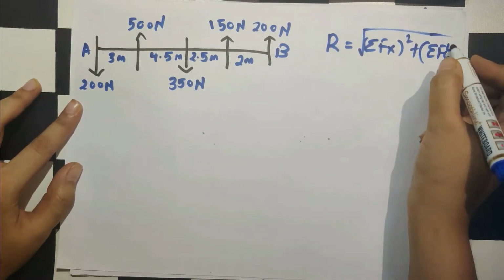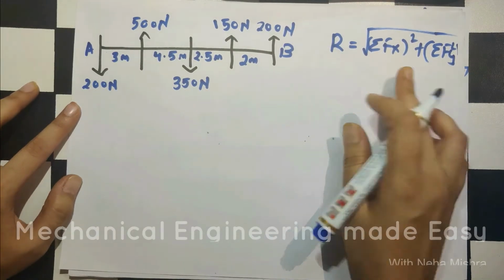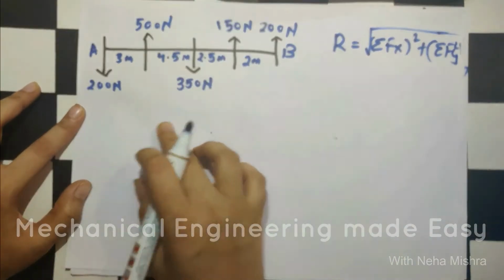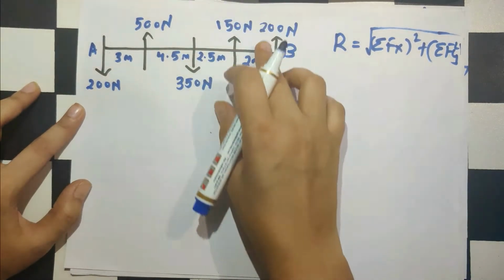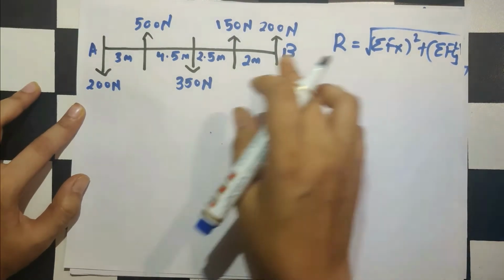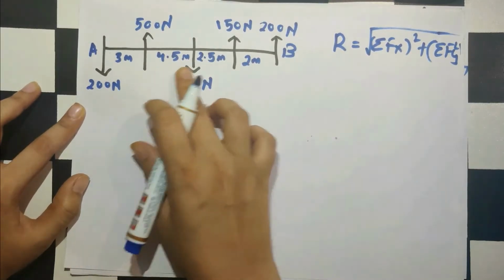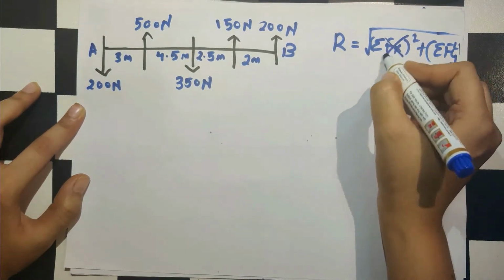Okay? So what do you mean by summation Fx? Summation of all the forces in x direction, and summation Fy is nothing but summation of all the forces in y direction. So here, for summation of Fx, do we have any horizontal force? No. So this component gets cancelled.